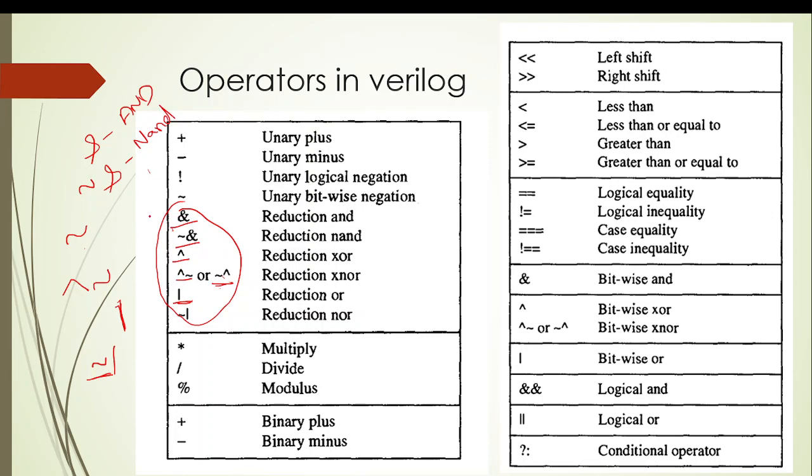If I use a cap symbol alone, we call it XOR. If I use a cap symbol along with the tilde symbol, we call it XNOR. Vertical line, I call it OR operation. The tilde plus vertical line, I call it NOR operation. These are all the symbols you should know, so kindly make a note of it so that you can implement any Boolean expression into program.